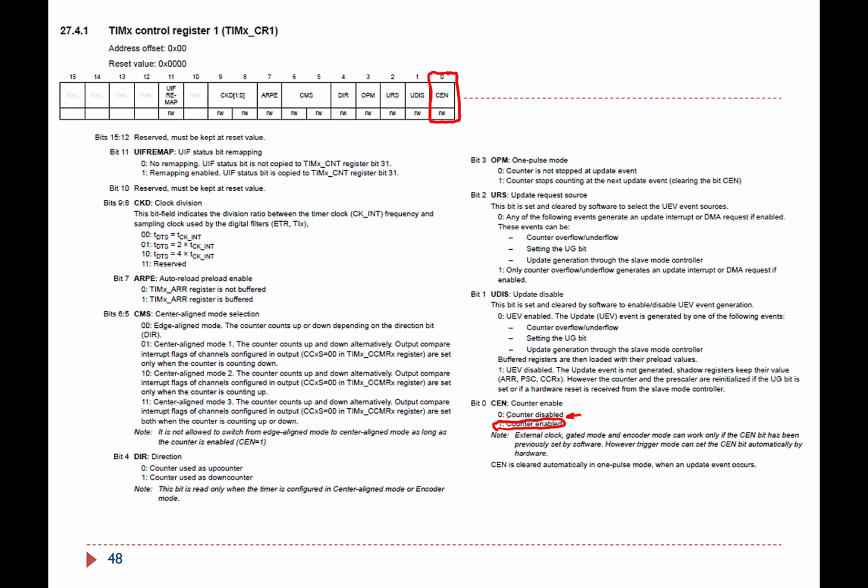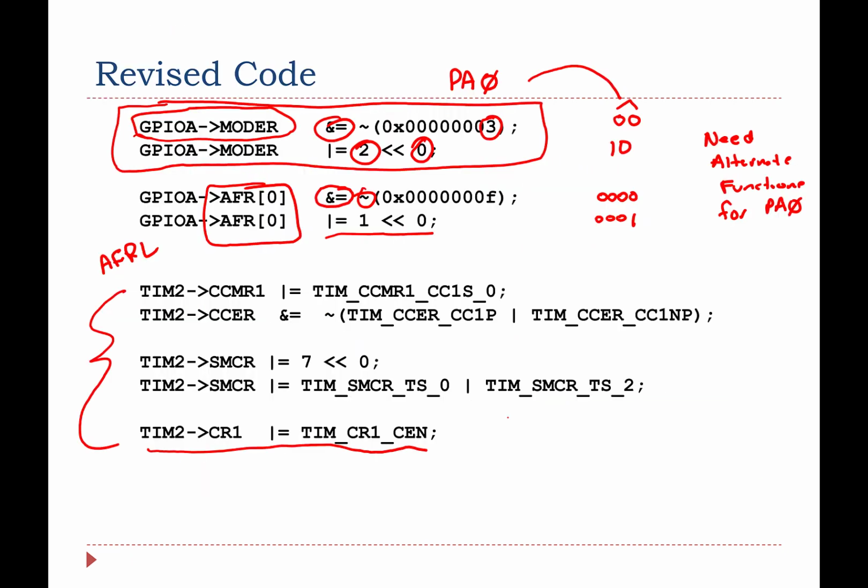So let's go back and look at this particular setup right there. If we think about it, basically what we could have done here is we could have ORed this with 0x00000001, because we're bitwise ORing it, so we could have just ORed it with that to enable it.